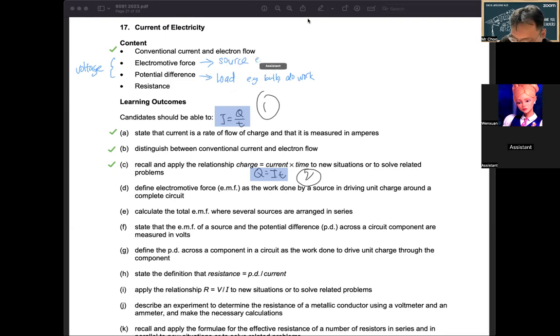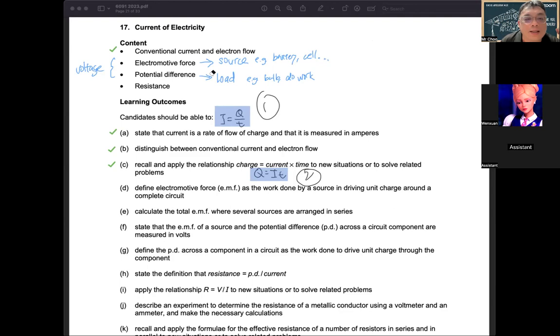A source is, for example, a battery, a cell, and so on. These two things are the same thing. They are both voltages. But in Sec 4, you do not use the word voltage anymore. You use electromotive force or potential difference.